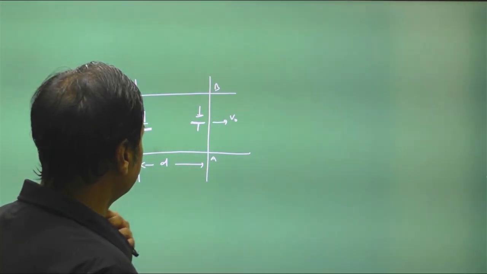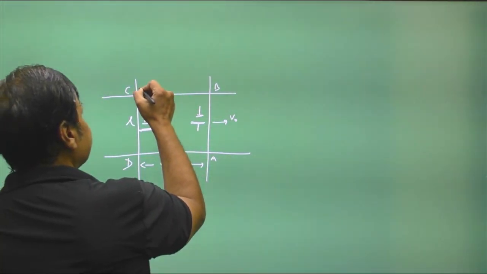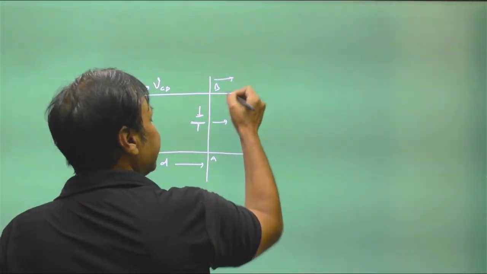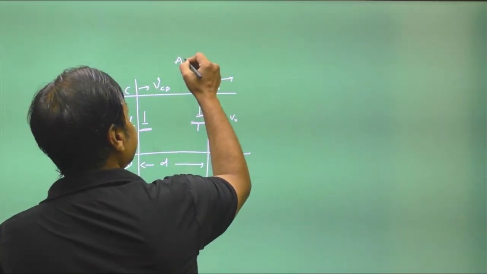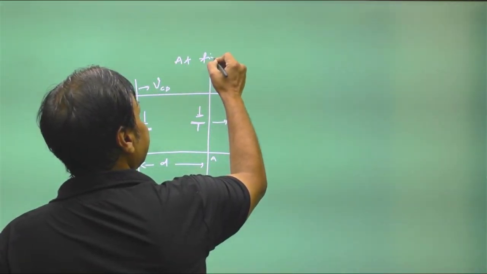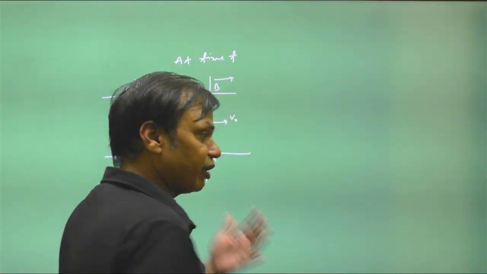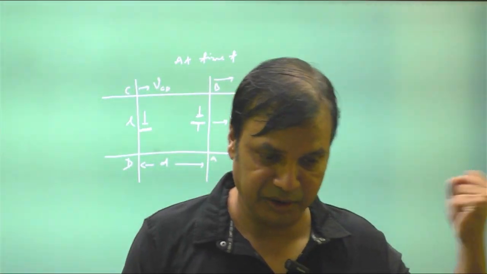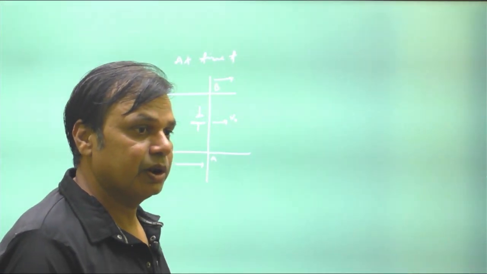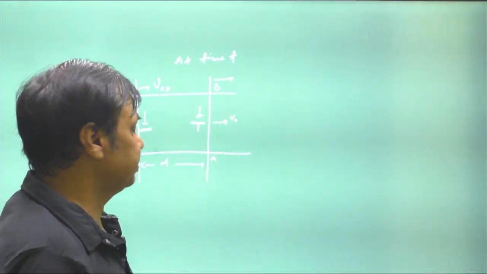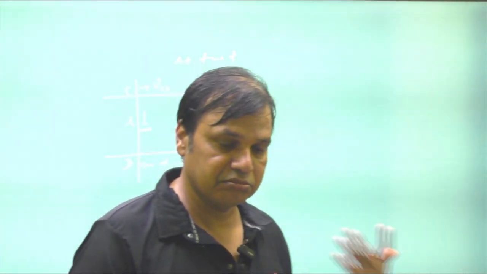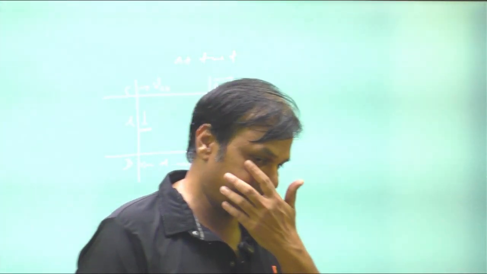And if its velocity somewhere is VCD, and its velocity at any time t, I'm considering the conditions at any intermediate moment, not at t equals 0 exactly, because the initial moment has been passed. We have to discuss things after some time has passed.